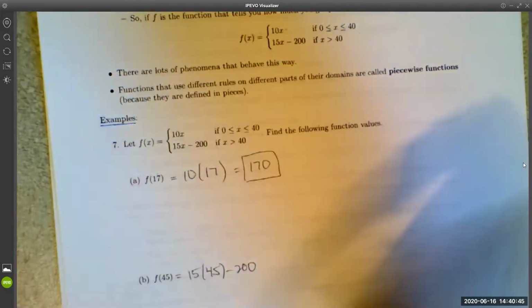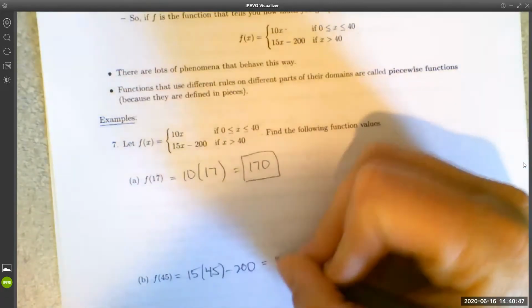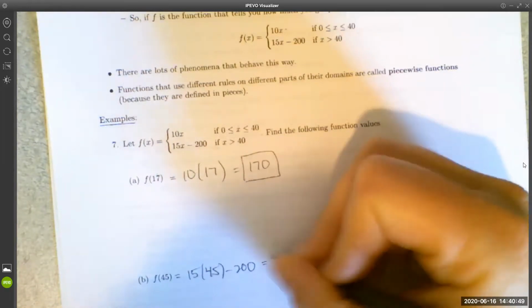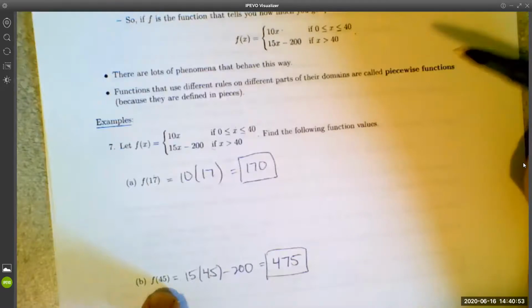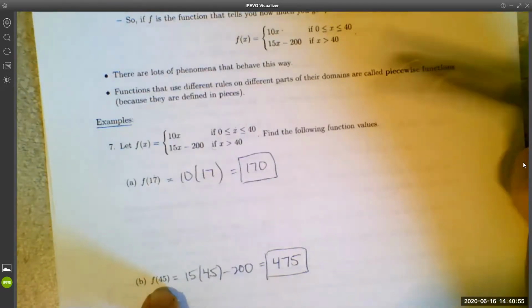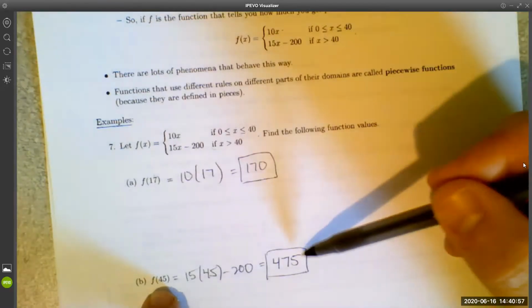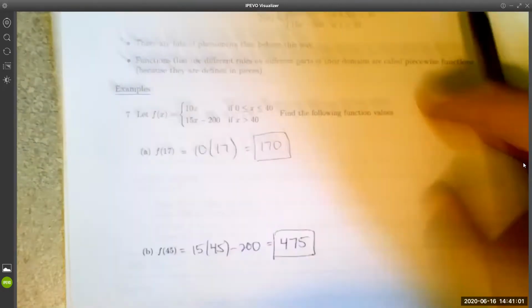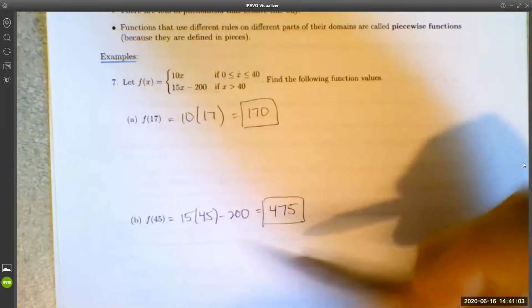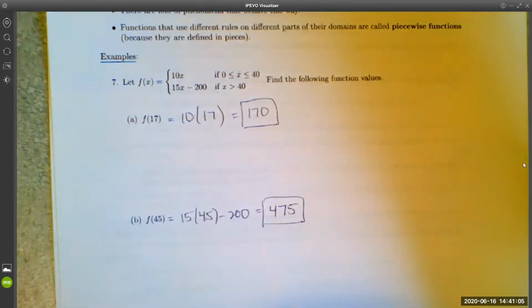That's $475. So if you work 45 hours in a week, if you only got paid $10 an hour, you would expect to make $450, but you made $475 because you got time and a half for the last 5 hours you worked, right? So if you work 45 hours in a week, then you make $475.